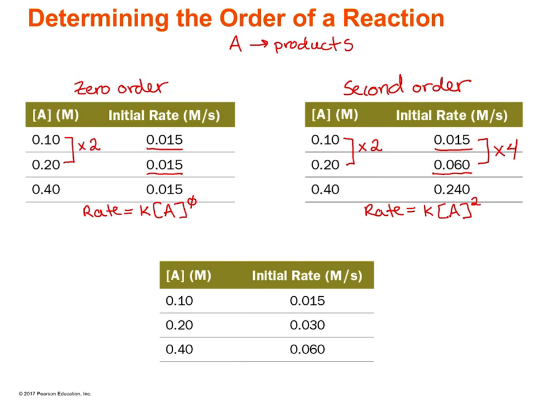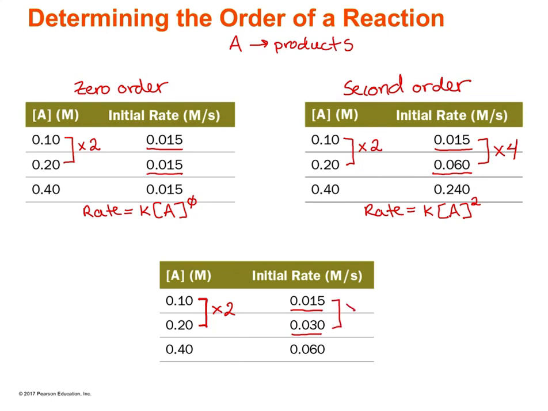All right, and then in our last example, for a completely separate reaction where we just have one reactant, again, we're going to double the reactant concentration. And again, initially our reaction rate was 0.015 moles per liter per second. And then our second reaction rate was 0.030 moles per liter per second.